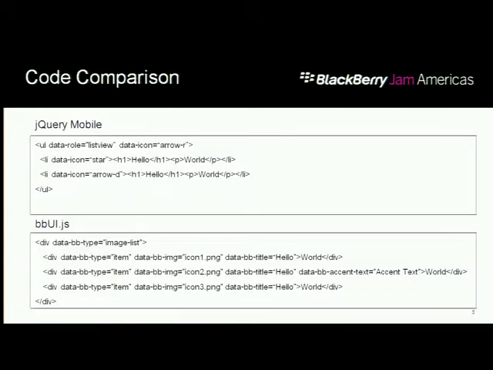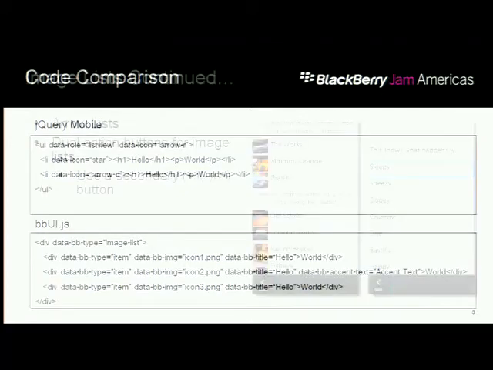And BBUI, it looks very similar. So we have our data-bb-type image-list, and we just have our divs here. Exact same thing. This is specifying our icons, our titles, and our accent stuff.